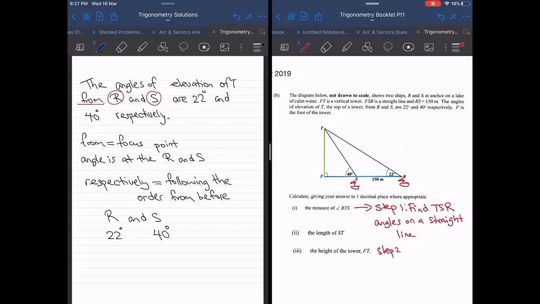And then step two, you'll find what they want, which is angle RTS, angles in a triangle sum to 180 degrees.